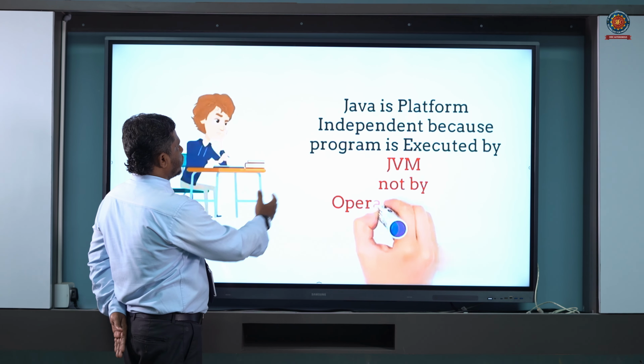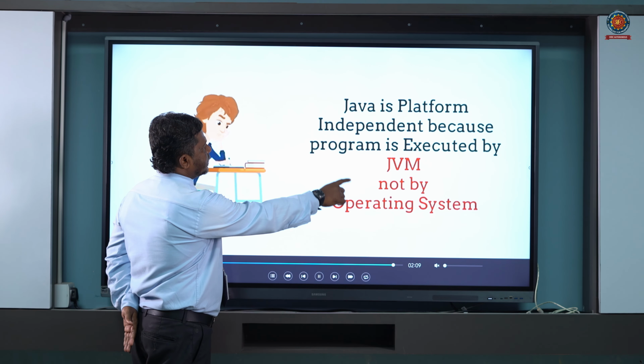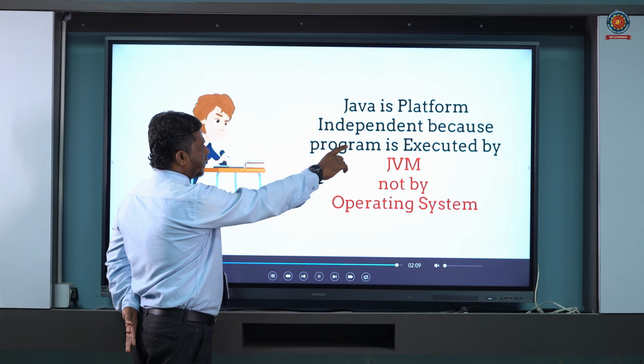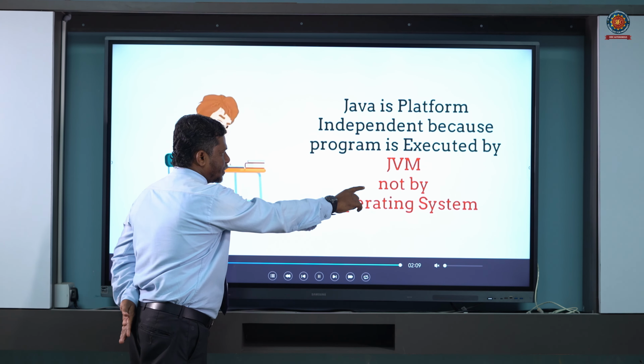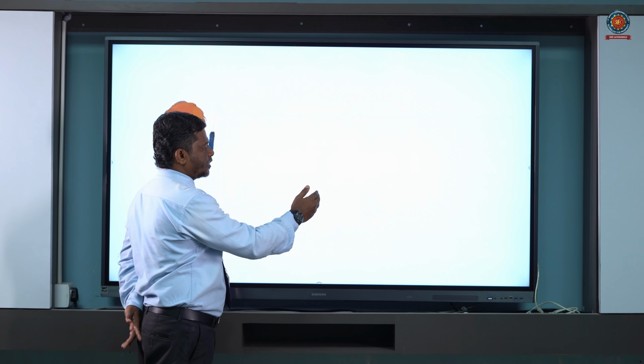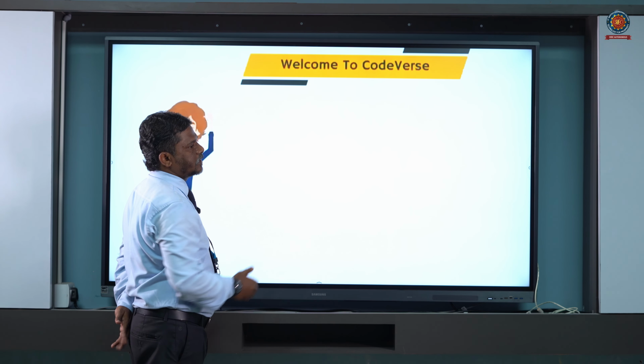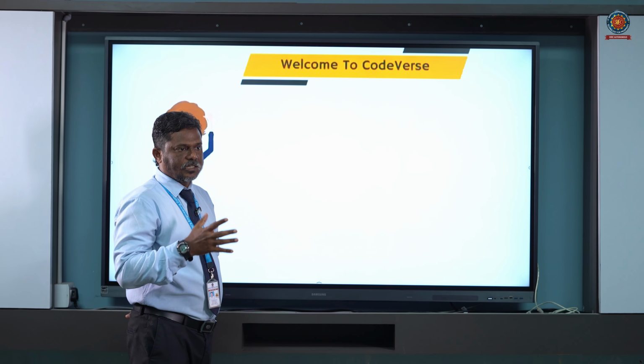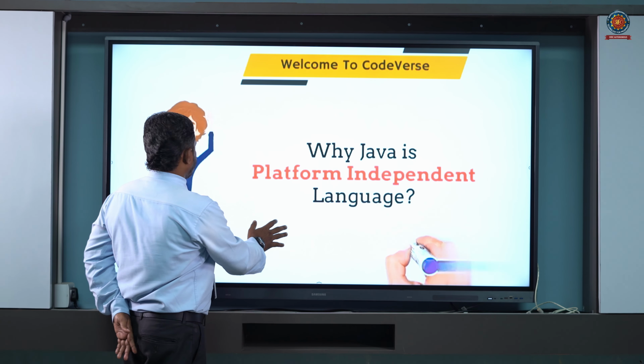So this is what it is saying: Java is platform independent because the program is executed by the JVM, Java Virtual Machine. The videos that I am showing make it easy to understand.